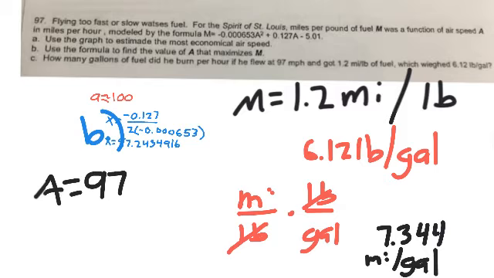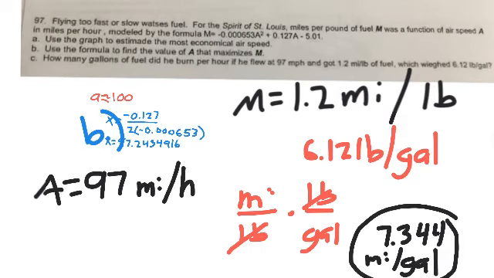So this is how many miles per gallon that he got, and he was flying at 97 miles per hour. So how many gallons of fuel did he burn per hour? Well, he was going 97 miles per hour, and he was getting 7.34 miles to the gallon.